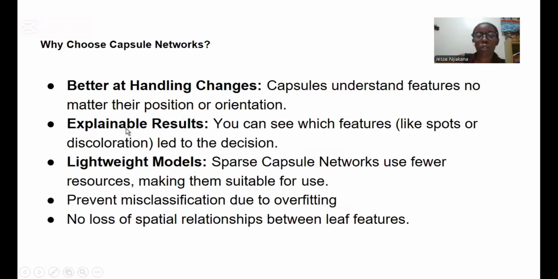Why choose capsule networks? Here we are looking at the advantages of using capsule networks as opposed to traditional convolutional neural networks. Capsule networks are better at handling changes, which means they are robust to different variations. They understand features no matter the position or orientation. So whether you change the lighting of an image or its dimensions, the capsules are still going to understand the features nonetheless.